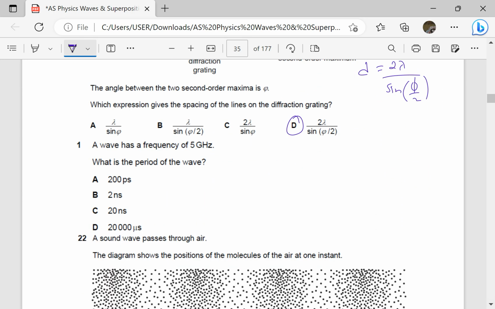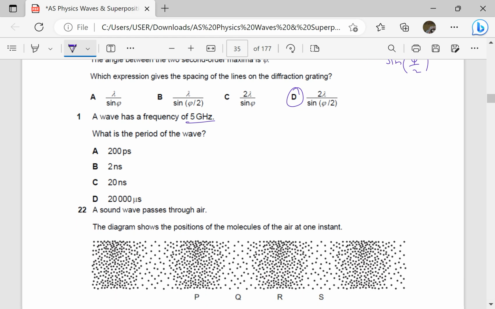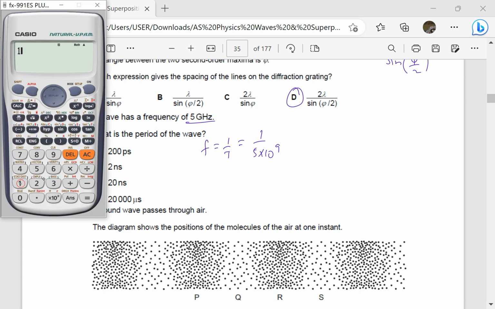A wave has frequency 5 gigahertz. What is the period of the wave? Frequency is equal to 1 over period, which is 1 over 5 times 10 power 9, since giga is 9.